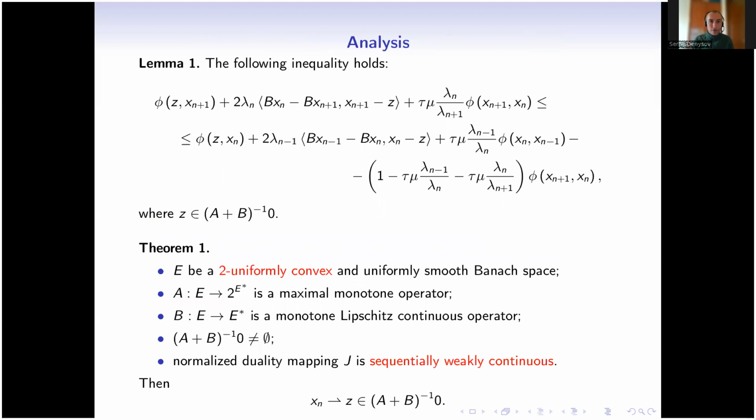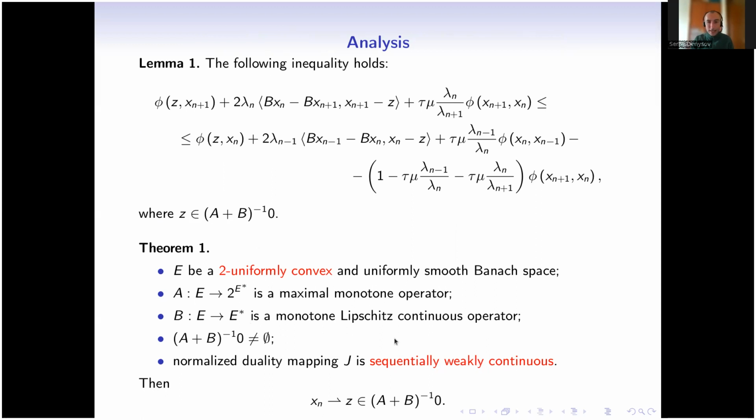So here you see our main theoretical results. It's Theorem 1, which heavily uses the inequality presented in Lemma 1, and also it uses above-mentioned properties of Banach spaces. So you see that if E is 2-uniformly convex, uniformly smooth, A maximal monotone, B monotone Lipschitz continuous, the solution set is non-empty, and also the normalized duality mapping is sequentially weakly continuous.